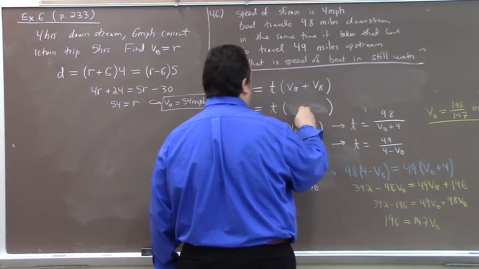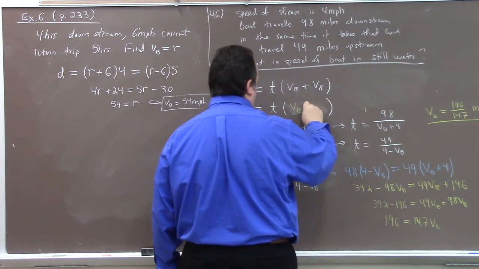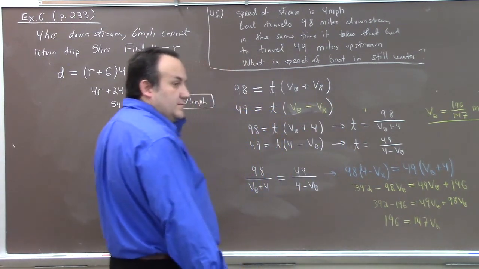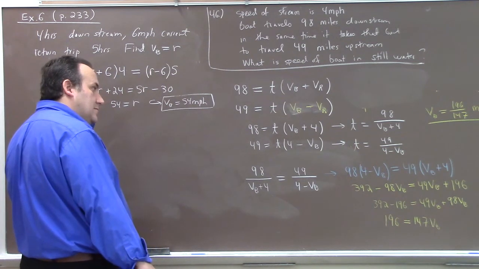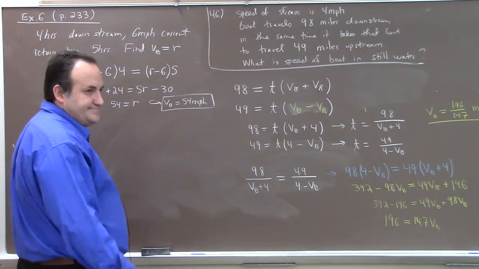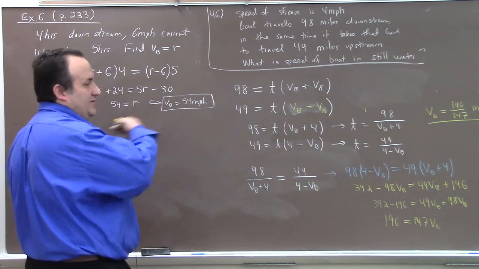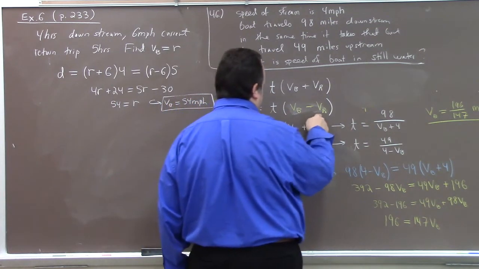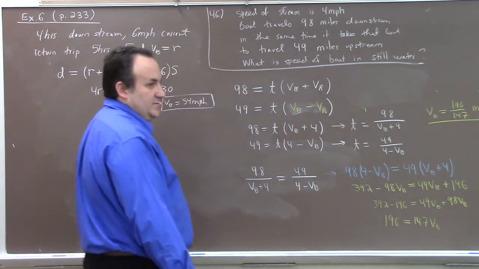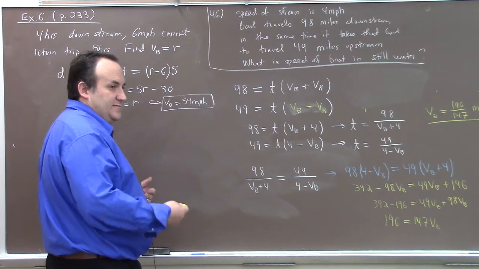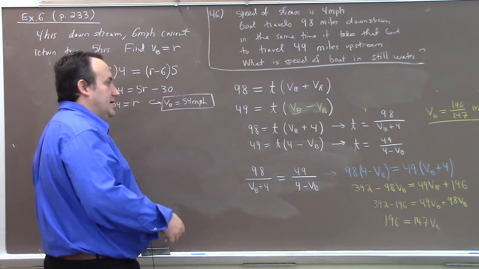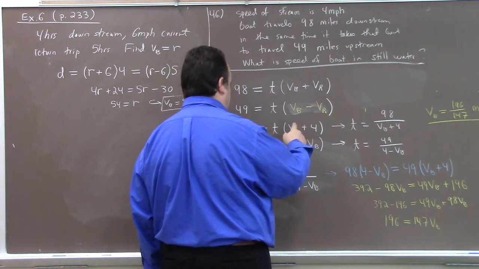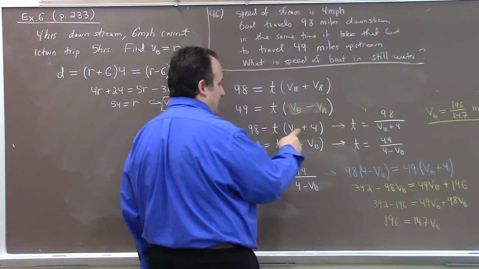This should be VB minus VR. That was my mistake. Because it's 49 miles in the other direction. It's just a question of directions. So it should be the velocity of the boat minus the velocity of the river, which is still a positive number, right? Otherwise, it's not actually happening. So I'm supposed to have VB minus 4.